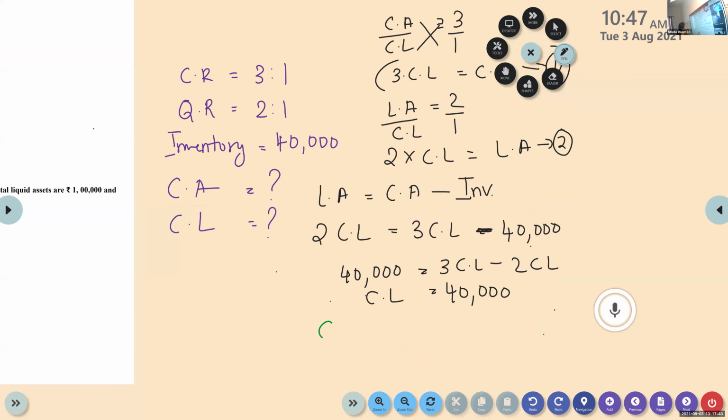So 3 into 40,000 is equal to 1,20,000. Your current asset.